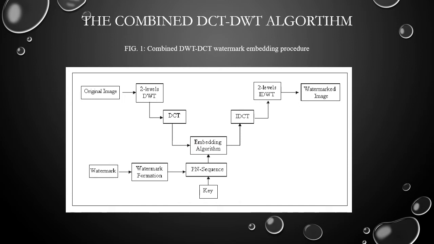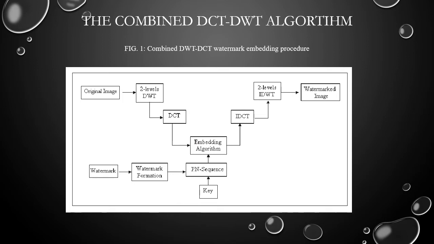Then we divide the subband HL2 or HH2 into 4 blocks. After that, we apply the DCT to each block in the chosen subband. We can choose either HL2 or HH2 by applying the 2 levels of DWT.